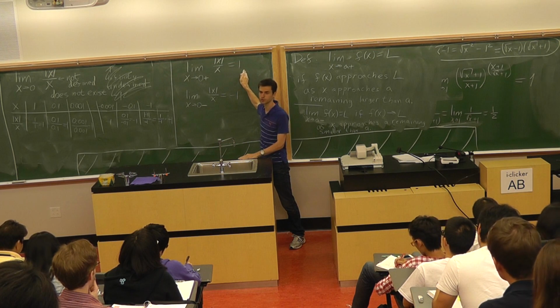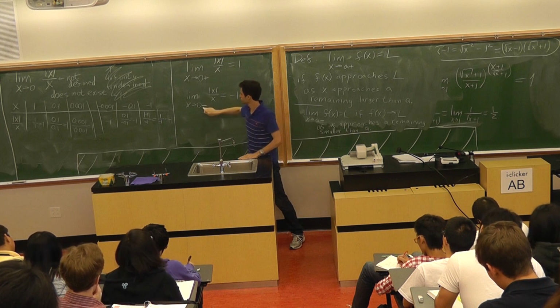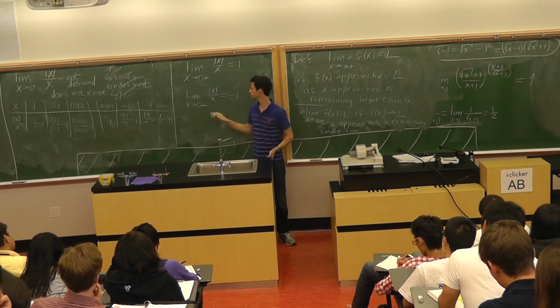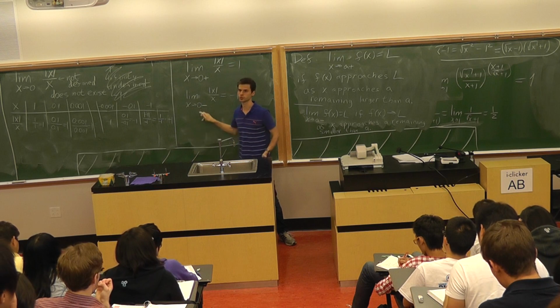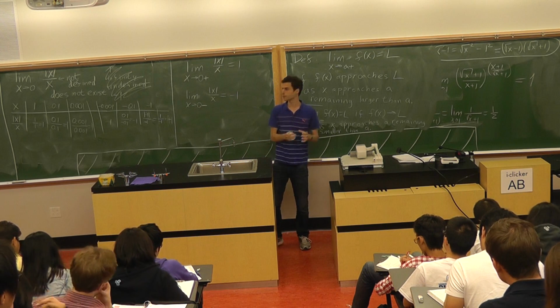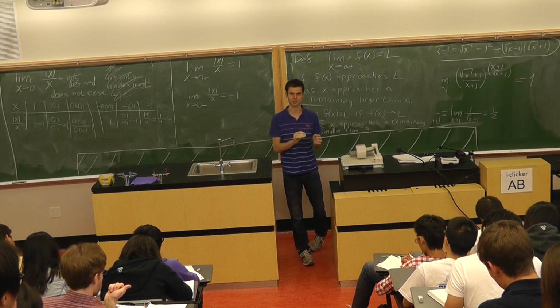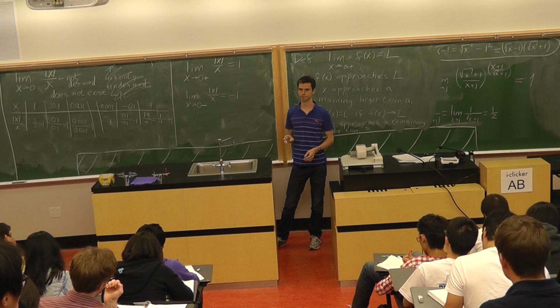In fact, in this particular example, it's exactly 1. And the other limit, from the left, would mean that as x approaches 0, so when x is small but smaller than 0, so it's small but negative, my function is close to minus 1.